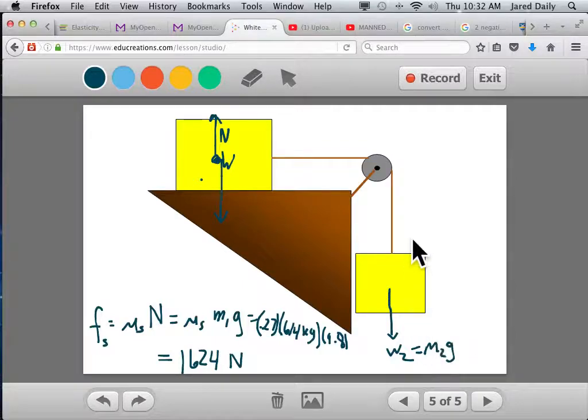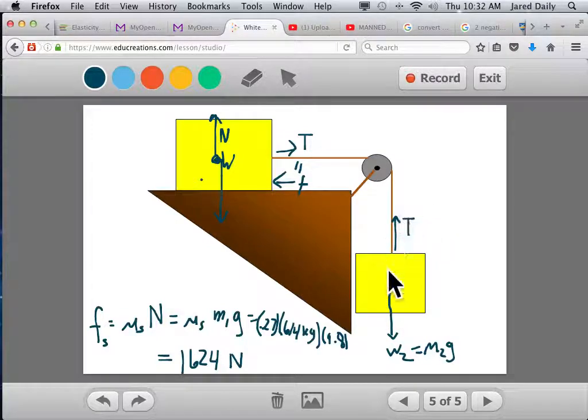And we have the tension that's up. The tension that's up here is caused by the friction here. So we have a frictional force this way and a tension this way, and the tension is equal to the friction. The friction causes the tension.